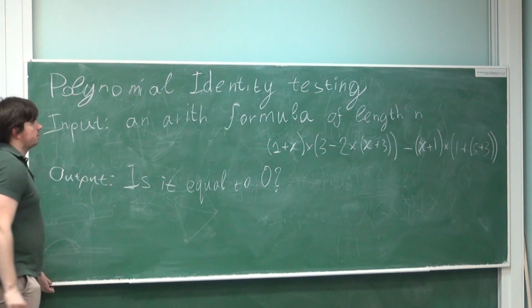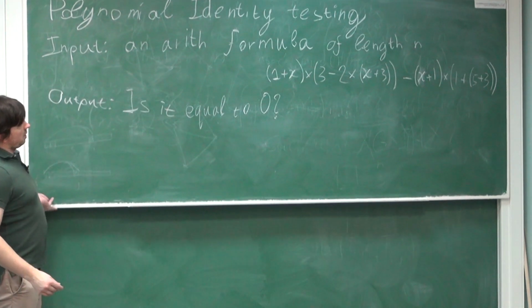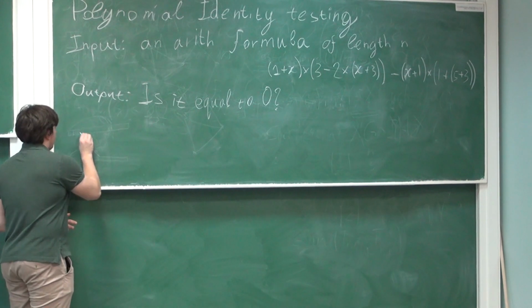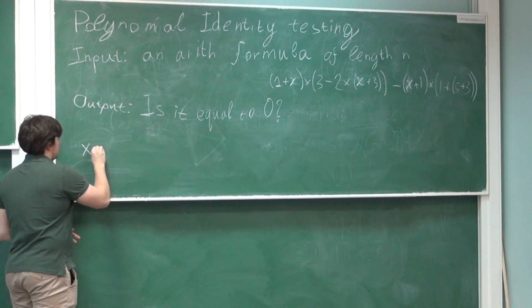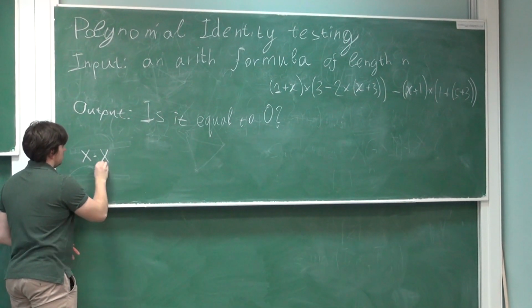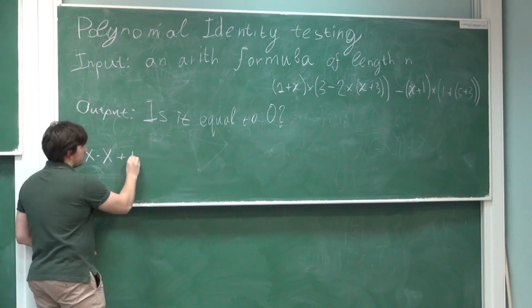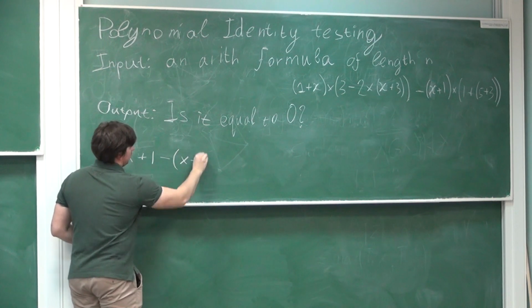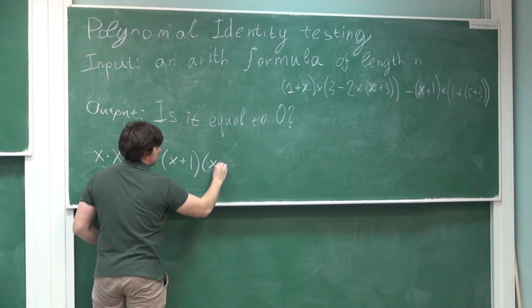So, a good example of a formula that gives us something that is actually 0 would be, for example, x times x plus 1 minus x plus 1 times x minus 1.